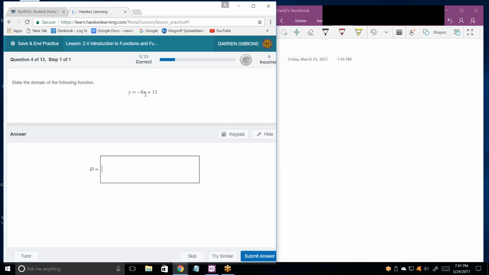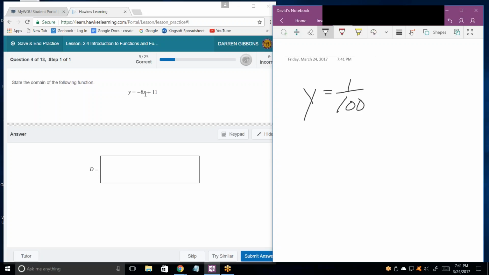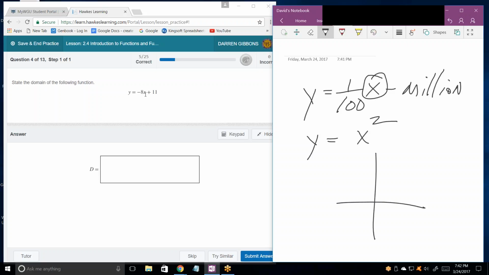So it doesn't matter. I could have y equals 1/100th x minus 1,000,000. That's a straight line, because x is only to the power of 1. If I had y equals x squared, that's not a straight line. That is a parabola. It looks like that. So all straight lines can be expressed with functions where x is just to the power of 1.